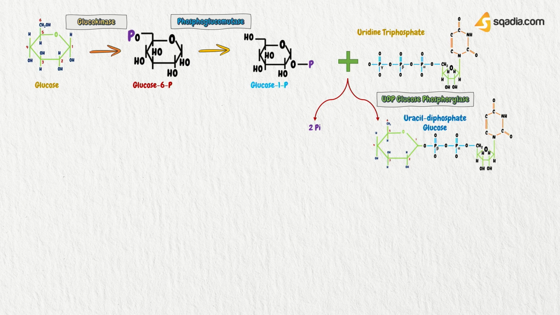Now let us revise the process first. The glucose was converted into glucose 6-phosphate. Then glucose 6-phosphate was converted to glucose 1-phosphate. Glucose 1-phosphate reacted with uridine triphosphate and was converted to uridine diphosphate glucose.